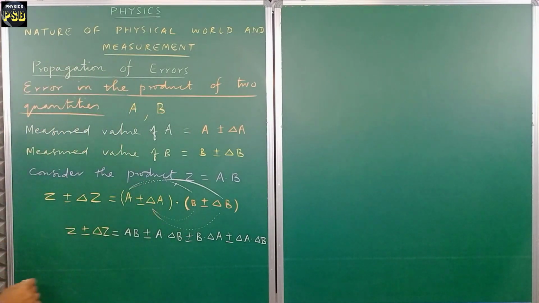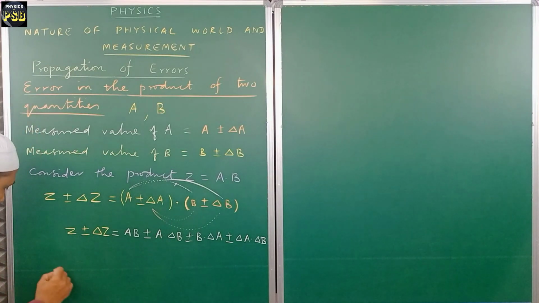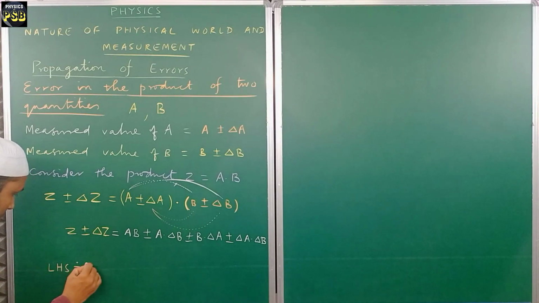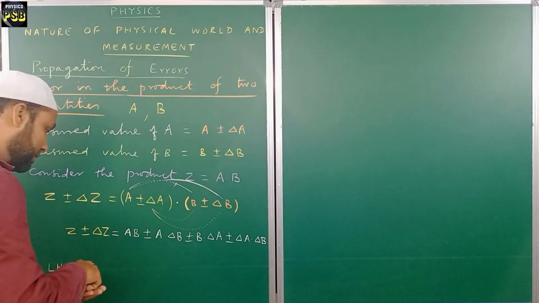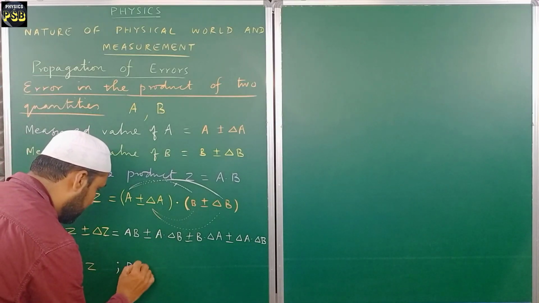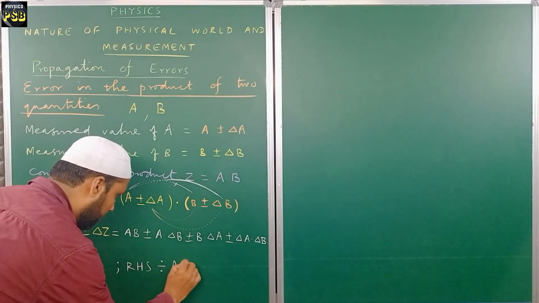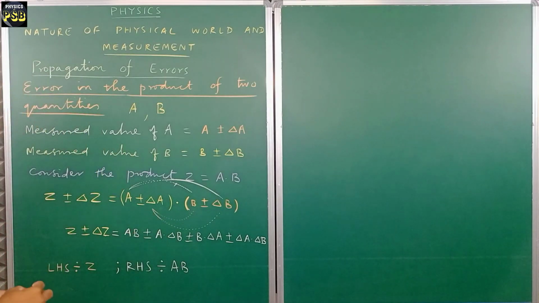Okay, what is that? Now I am going to divide the terms present in the left hand side, the Z, and the terms present in the right hand side by AB. So by doing so, we'll see what I get.